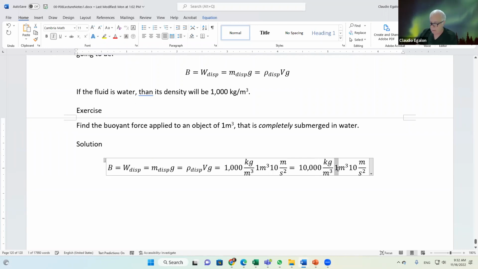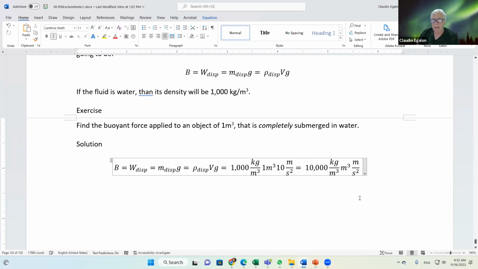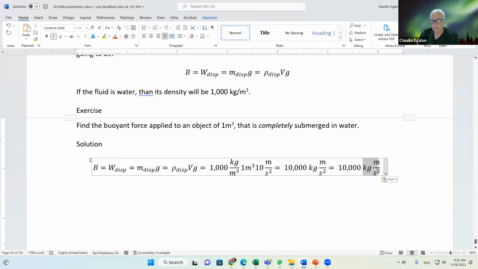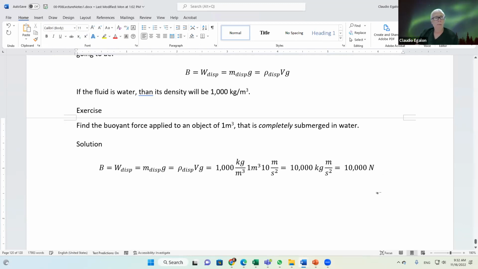The cubic meter cancels out this cubic meter, so we end up with kilogram meter per second squared, which is nothing but newtons. So a 1 cubic meter object is going to have this much buoyant force if it becomes completely submerged.